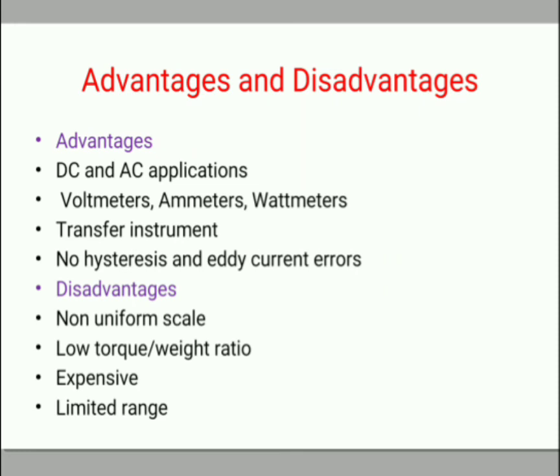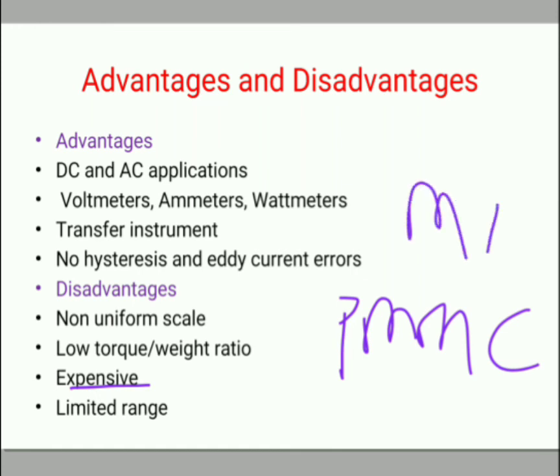The power consumption of such instruments is higher than that of the PMMC instruments but lower than moving iron type instruments. These instruments are more expensive than PMMC instruments as well as moving iron type instruments, that is MI type instruments.